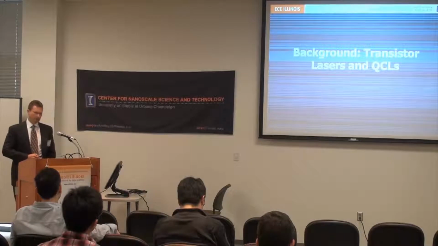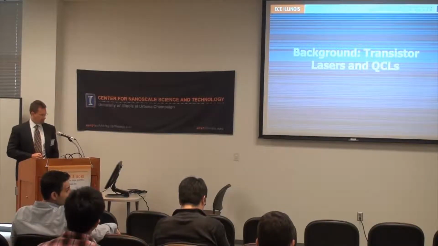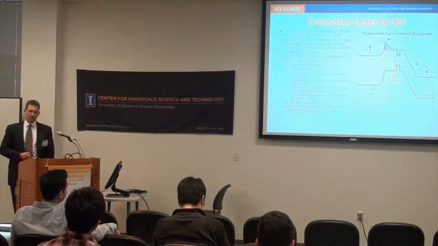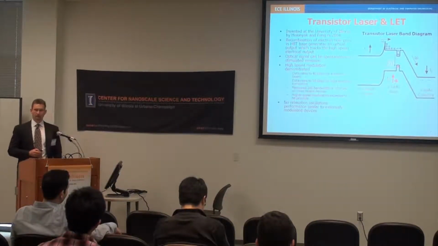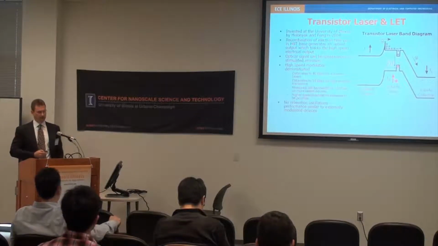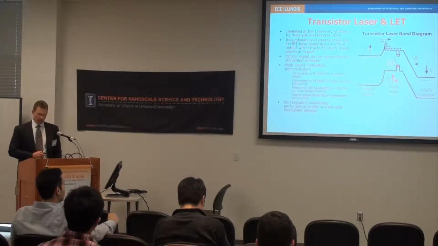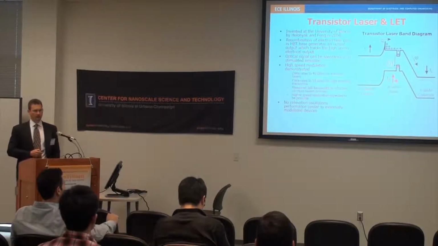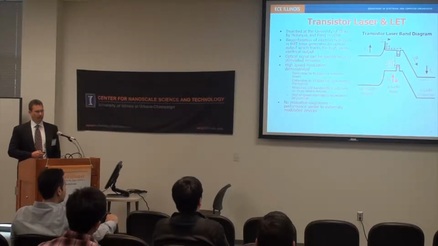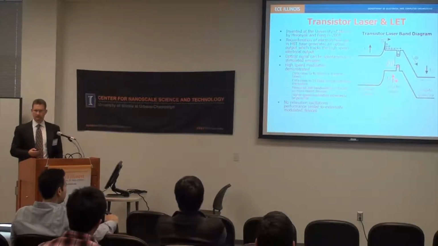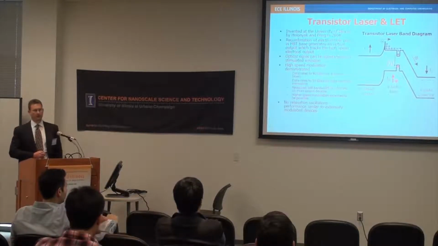So with regard to the background of this, there are really two devices that ultimately were the inspiration for looking at this particular structure. The first device was the transistor laser, and for those of you not familiar with that, back in around the 2004 time frame, Professor Feng here at Illinois was looking at very high-speed HBT devices and was also working very closely with Professor Holonyak.